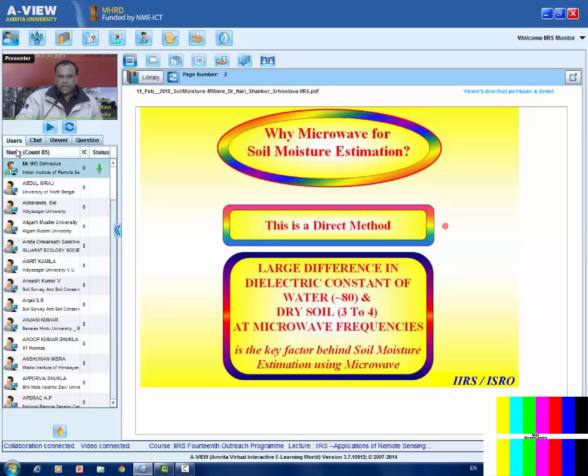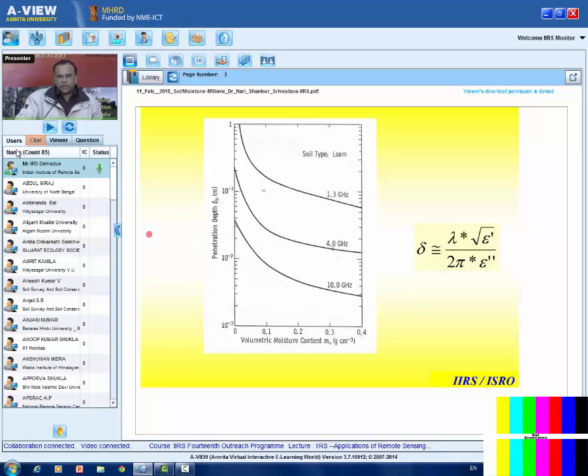So finally, microwave remote sensing is supposed to be the best option for soil moisture estimation. The first reason is that this is a direct method, and the large difference between the dielectric constant of water, about 80, and dry soil, which is between 3 and 4 at microwave frequencies, is the key factor for using microwave for soil moisture estimation.